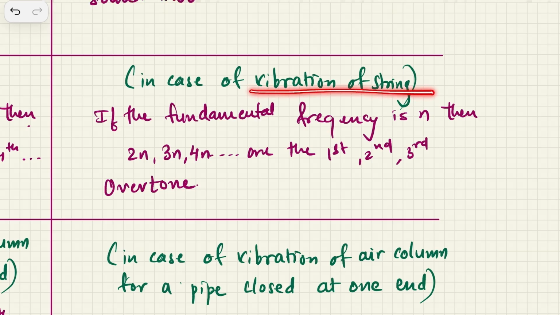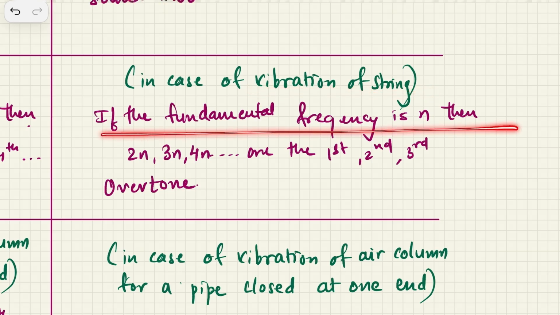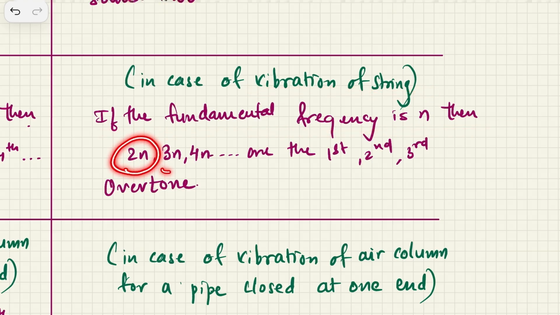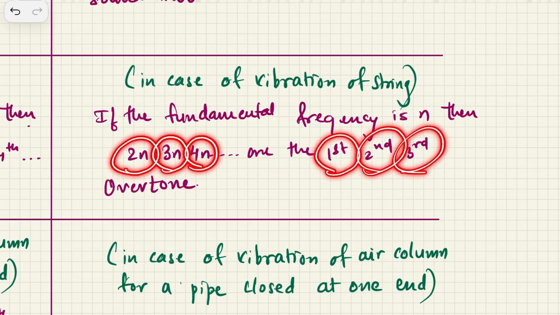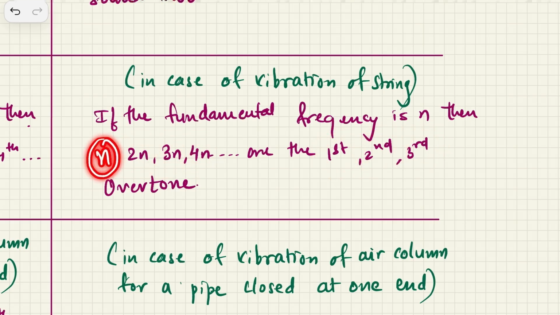In the same vibration of a string, if n is your fundamental frequency, then 2n, 3n, 4n are your first overtone, second overtone, third overtone. Remember that n is actually present, but because it is the fundamental frequency it does not get an overtone number. So that's why we have not written it over here.